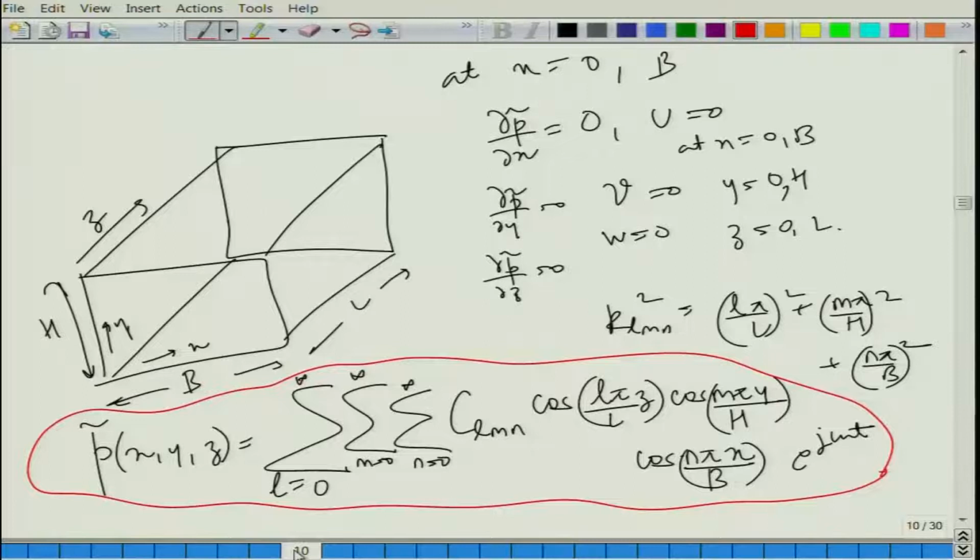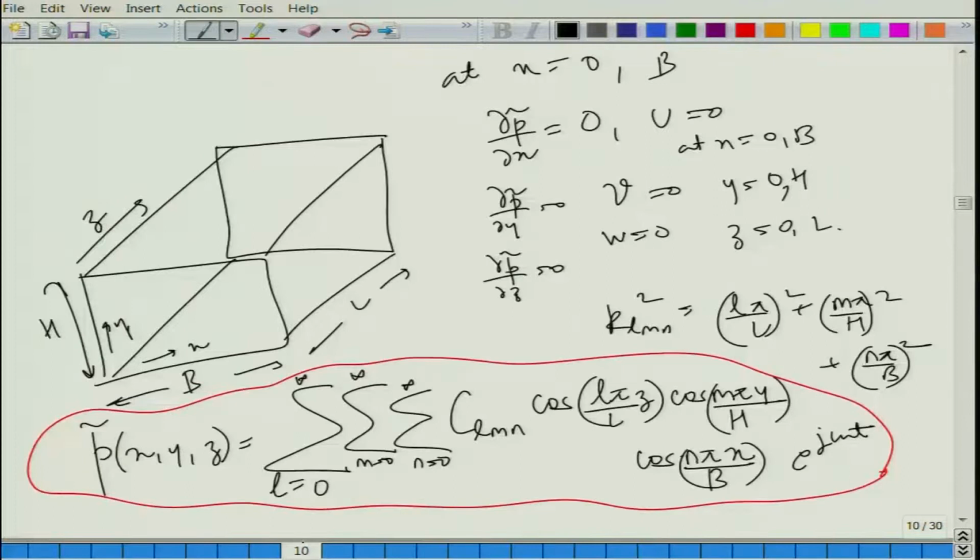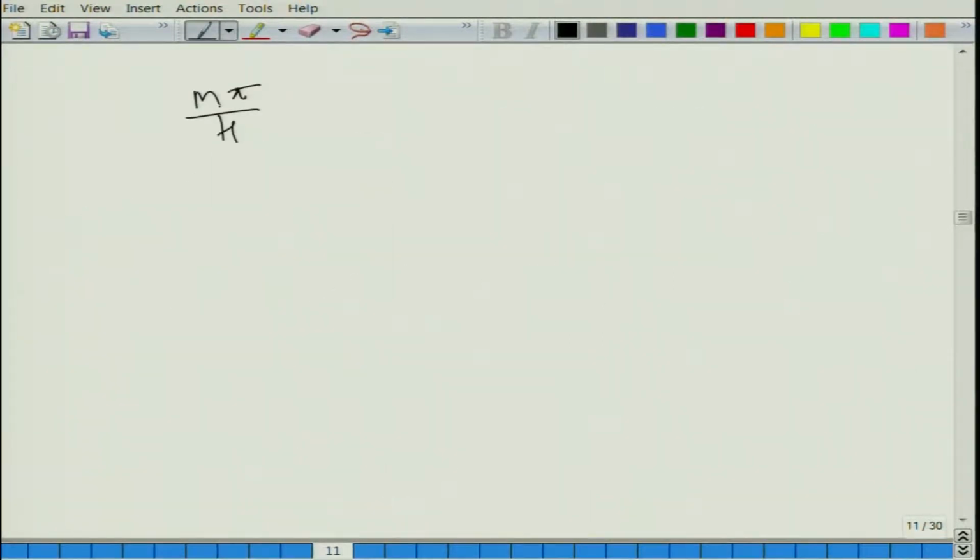So, obviously, this del square, if you operate say del square by del x square, if you operate upon say this term, you are going to get back cos, but with the minus sign. So, you will get minus m pi by h whole square. Okay. So, you are going to get m pi, sorry, this is not, I am sorry, n pi by b. So, eventually what you will get is basically this thing n pi by b.